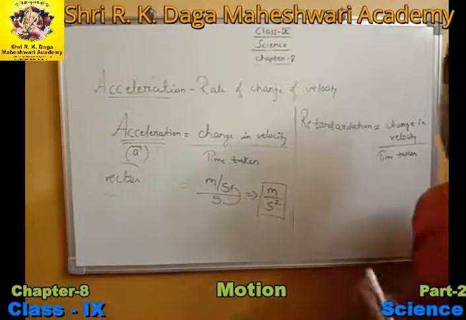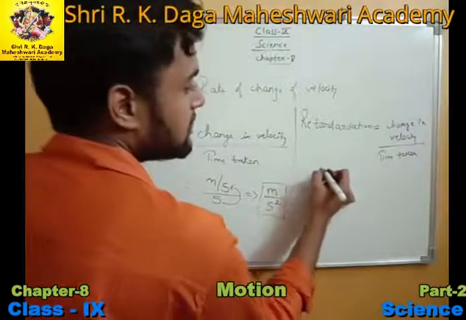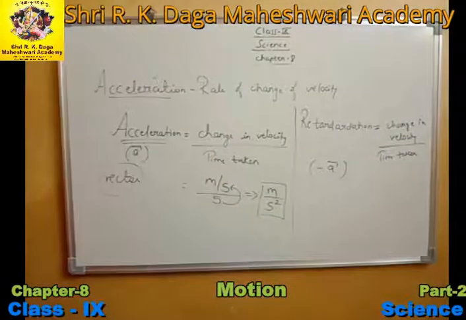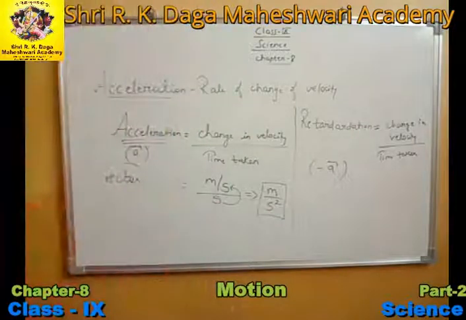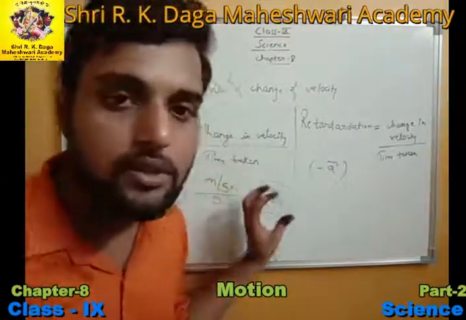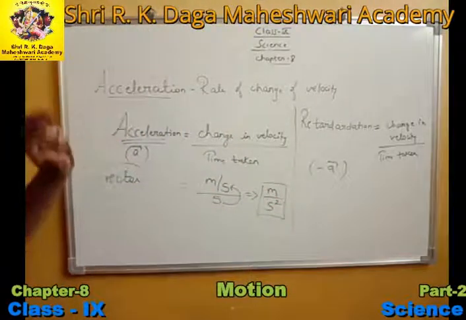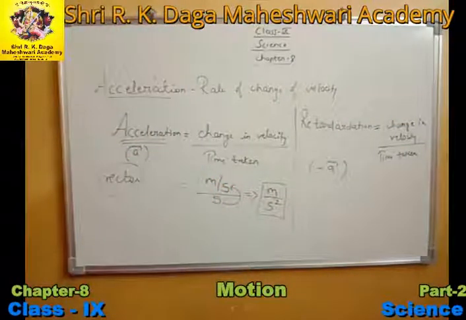Since the velocity is decreasing with respect to time, retardation is denoted by minus a. So this is the basic difference: whenever there is a change in velocity with respect to time, it is called acceleration, and whenever there is a decrease in velocity with respect to time, it is called retardation. I hope it is clear to all of you.